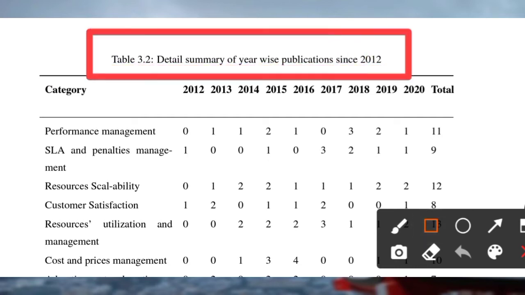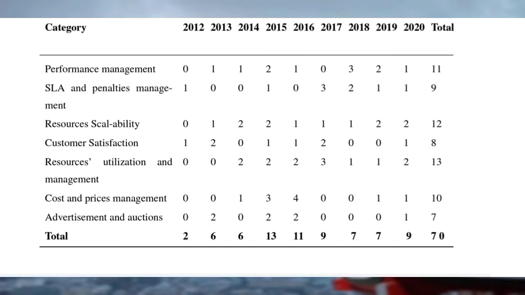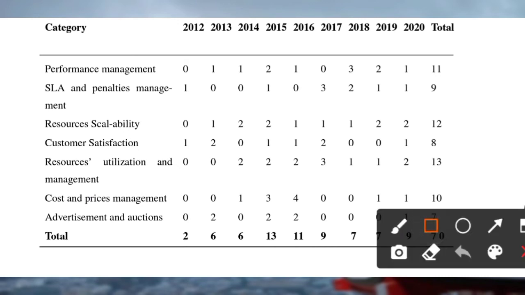This table will clearly explain what type of papers you have selected and what is the window size from where you have picked the papers. You can see that in my category, I have organized the papers as: the first category is performance management.